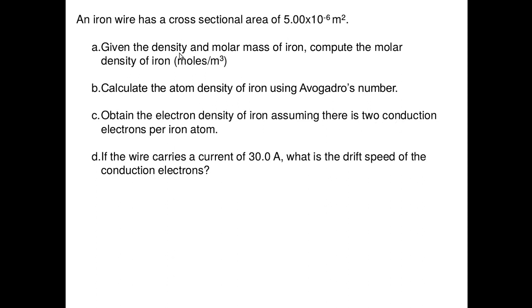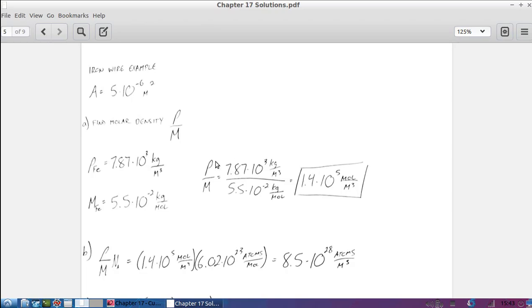So when I go through this whole process and I find the atom density, I'm going to multiply it by 2 electrons per atom to get the charge density. Final part, if the wire carries a current of 30 amps, so let's say we measured with an ammeter and we get a 30 amp current through the wire, we're looking for the drift speed of the conduction electrons.